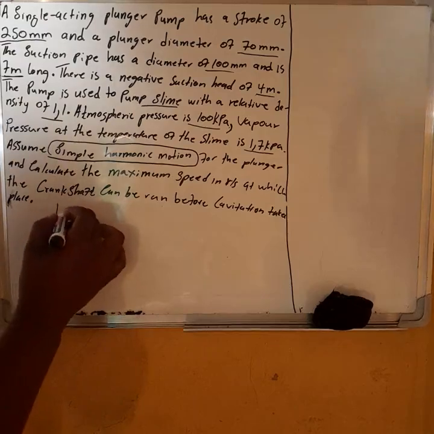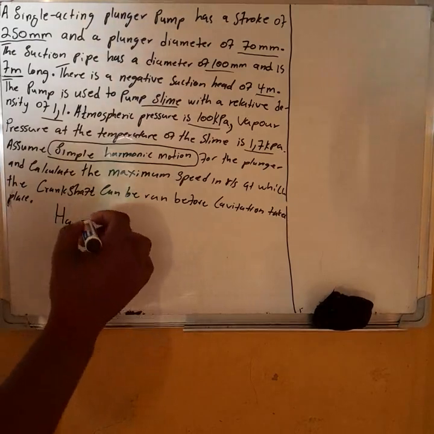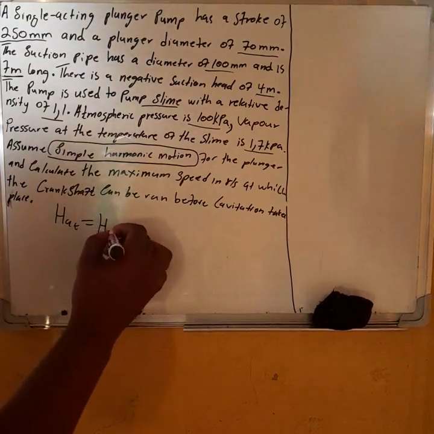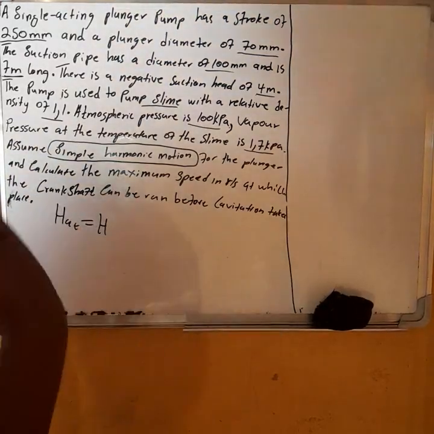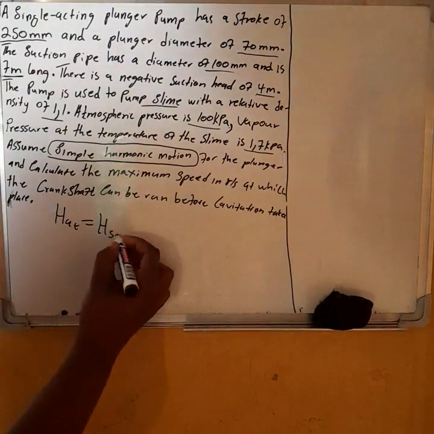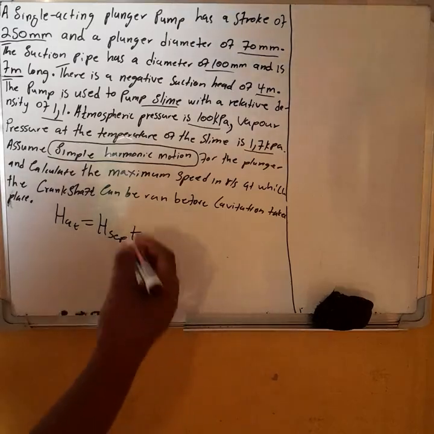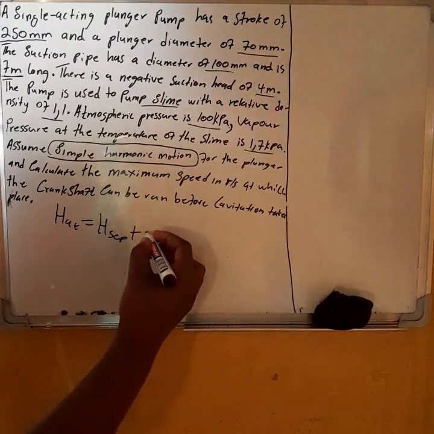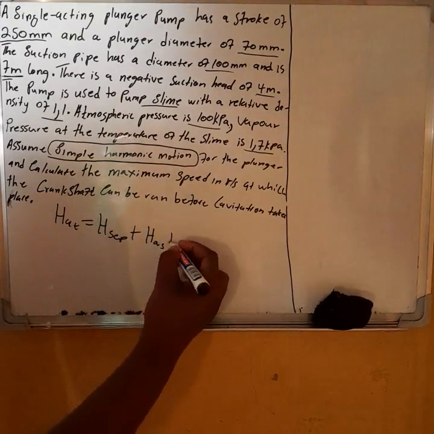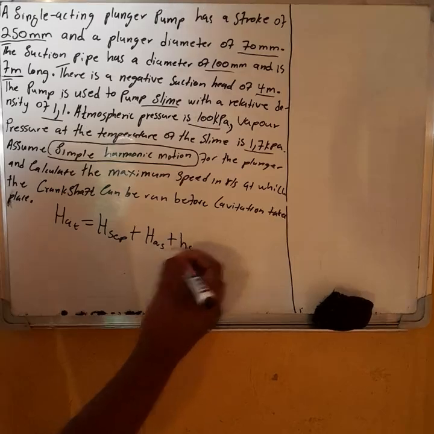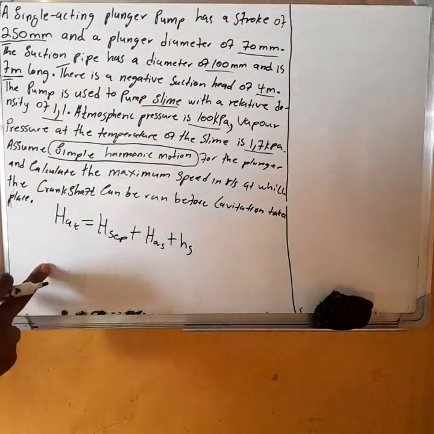It's H_at = H_s, or you can write it any way, H_sep plus H_AS plus H_S, where the different barometric reading is involved.